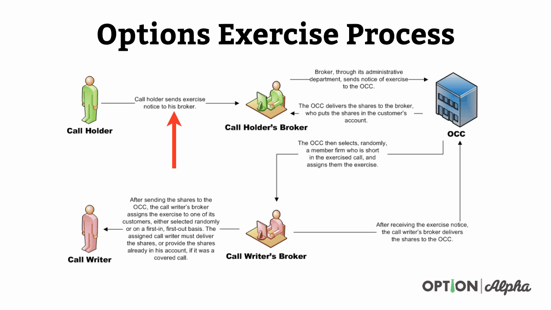Now, this is really important because you have to clearly understand what happens if you decide to exercise your option. There are two different things that we have to talk about: the options exercise and then options assignment. Exercising an option is when you are an option buyer and you decide to exchange your option contract for the actual shares of underlying stock.